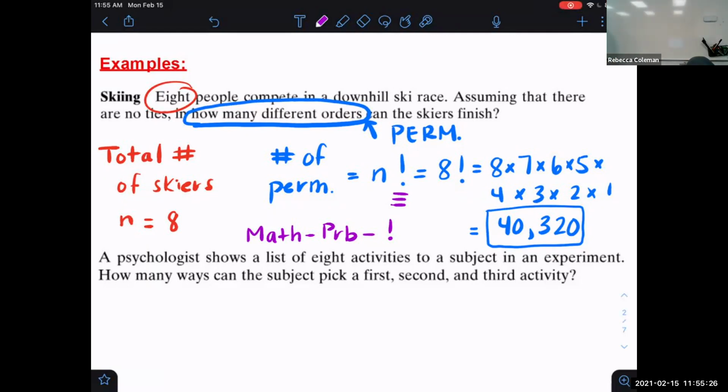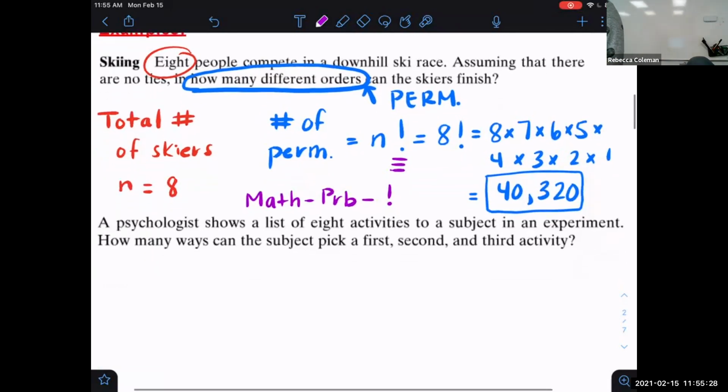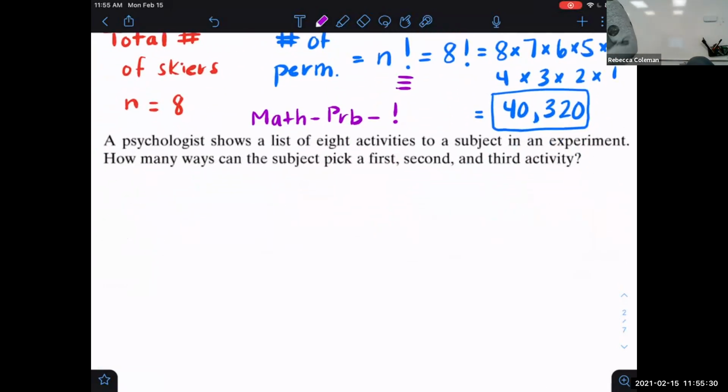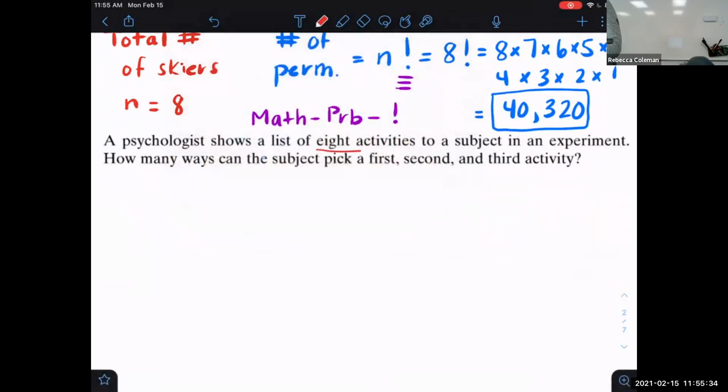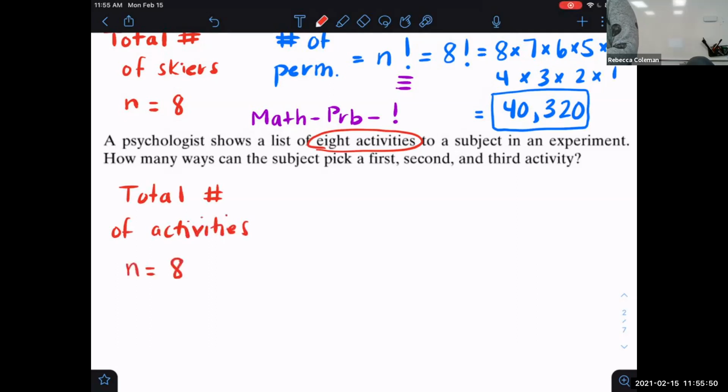In the second example, we still have 8 objects to consider. In this case, we're talking about a list of 8 activities. So we would still start with, what is the total? In this case, the total number of activities. That would be our value of n for this experiment.